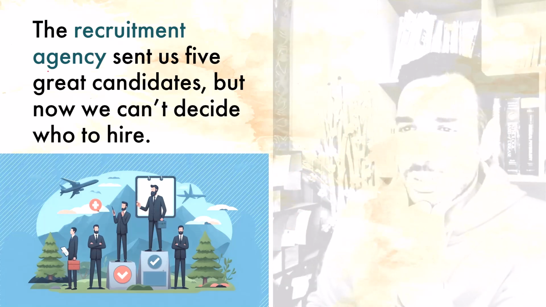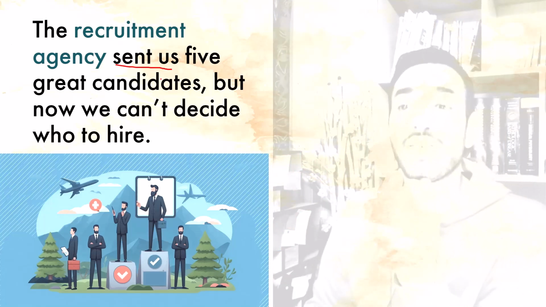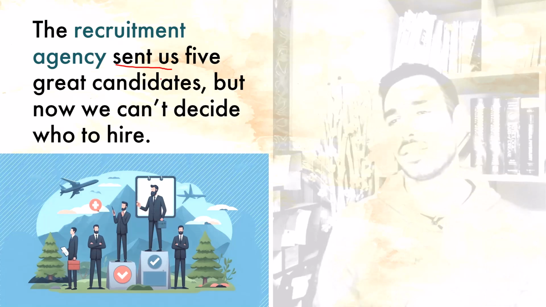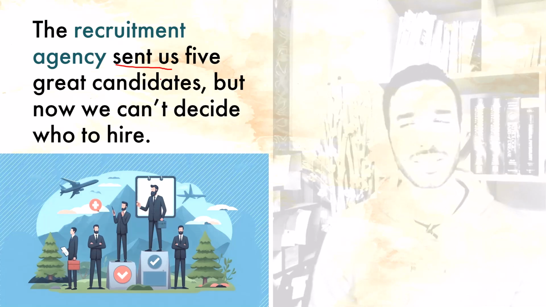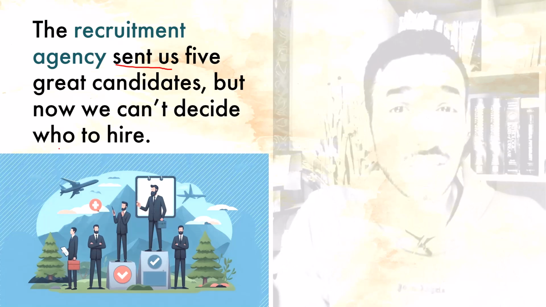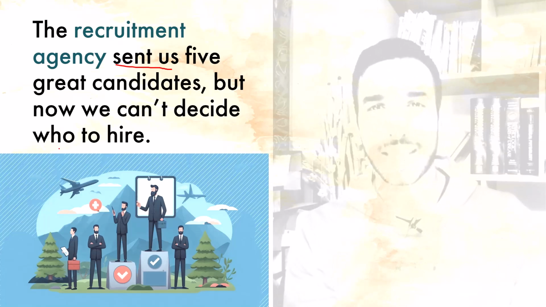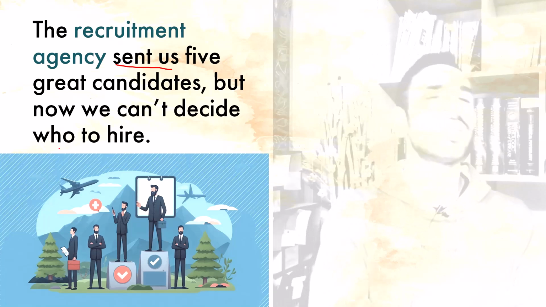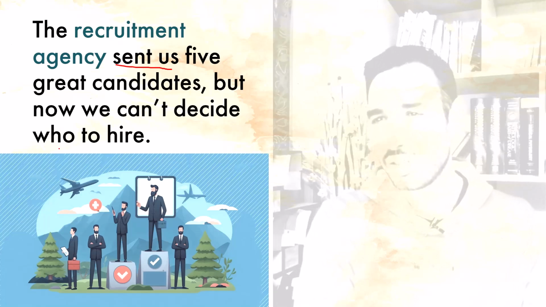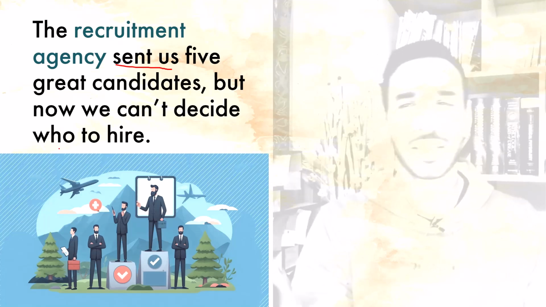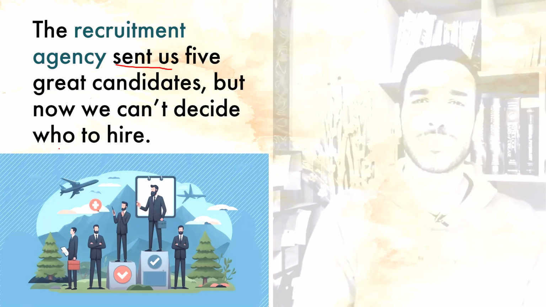The recruitment agency sent us 5 great candidates, but now we can't decide who to hire. See, recruitment agencies find the best candidates for your company. So if you are looking for special talents or skills, you can go directly to these recruitment agencies.